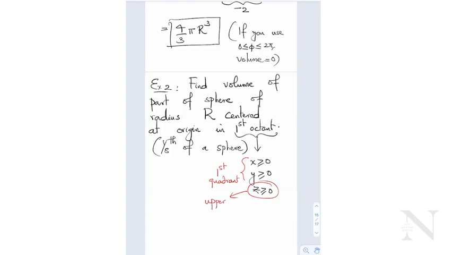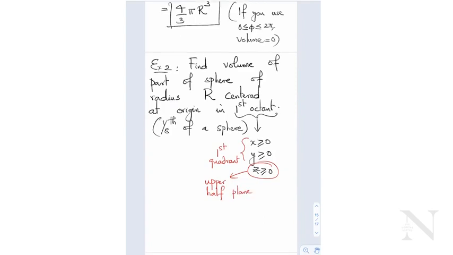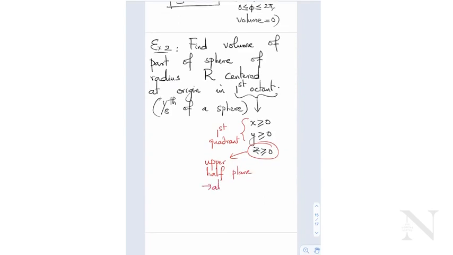It's above the xy plane, and for a sphere, I can think about it as above the equator, because the z-axis defines the phi angle. So that should help you. The first quadrant is this, on the xy plane, and this is above the equator, which helps our angle phi.